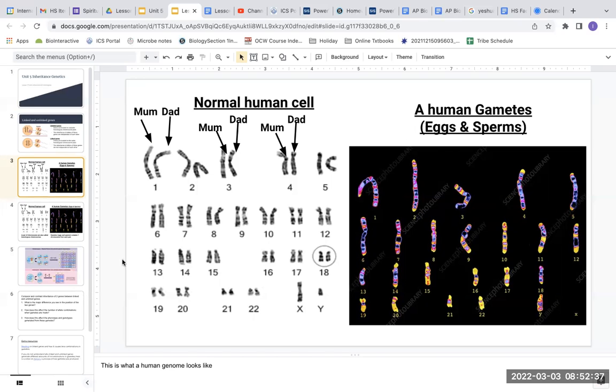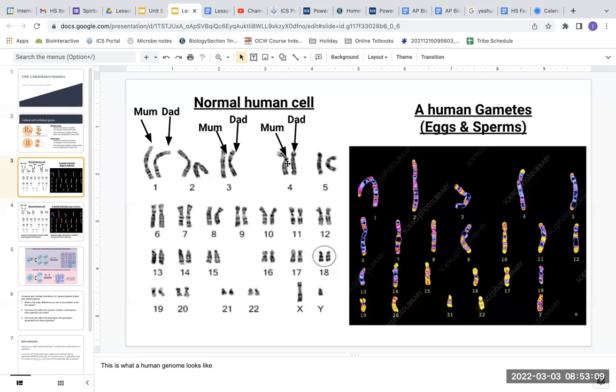For example, if a lady has this chromosome picture on the left-hand side, we call it a karyotype, then she will split her cell in half and produce eggs with them. When she splits her cells in half, she would put one chromosome 1, one chromosome 2, one chromosome 3, one chromosome 4 into her eggs.